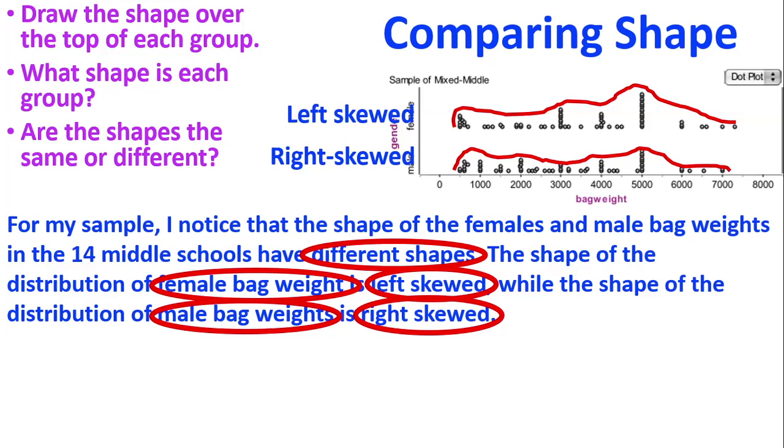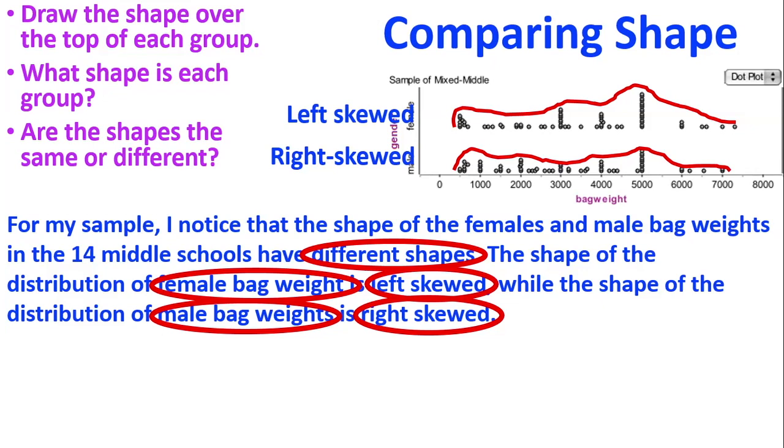Okay, so there's a comparative statement. I'm saying what the shapes are and that they are different for the 2 distributions. And notice the whole way through I talk about bag weights. Okay, so I'm always talking about the data and what the data is about.